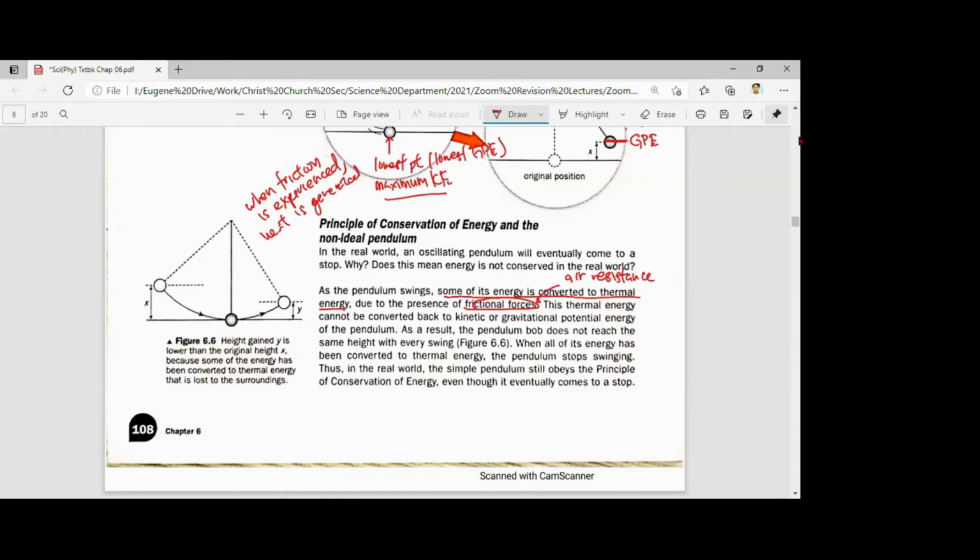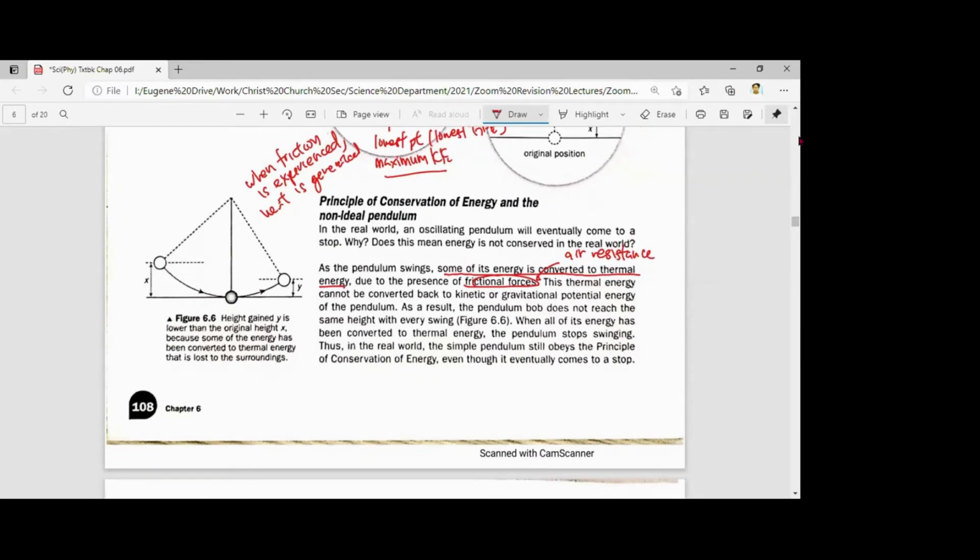You'll feel that your hands are getting warmer, because when they're rubbing, you're causing them to experience friction, and by experiencing friction, you're generating heat. So the GPE is converted to KE, but at the same time it's also converted to heat. Energy is being lost as heat along the process. That's why ultimately, when the KE is converted back to GPE, it is of a lower height.